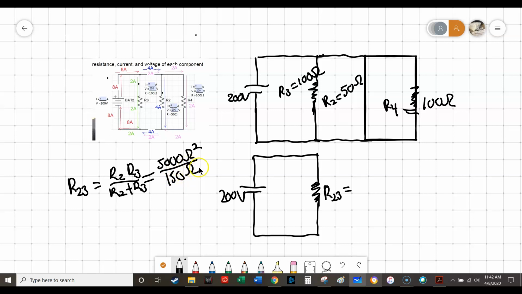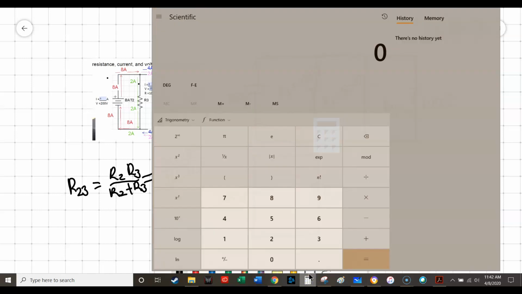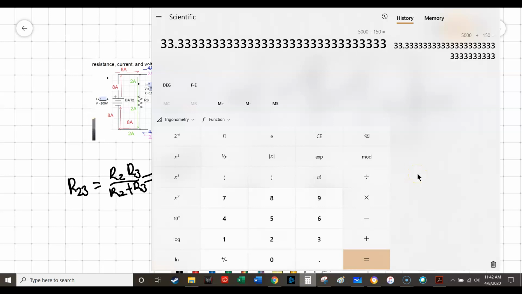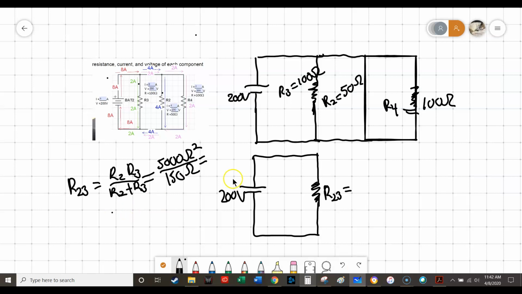In some of these, when you combine them together, you actually will get a fraction sometimes. So that's 5,000 divided by 150. So that's 33.33 ohms.